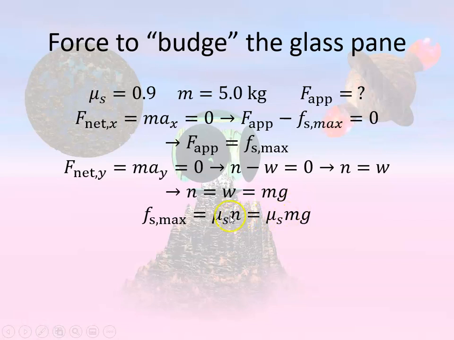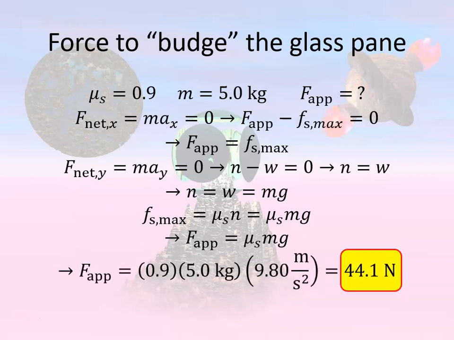Therefore, that maximum static friction force is mu sub s times mg. We just established that that's the amount of applied force I need to give in order to break this pane of glass loose. So my applied force is mu sub s times mg. Plugging in the numbers, we get 44.1 newtons.